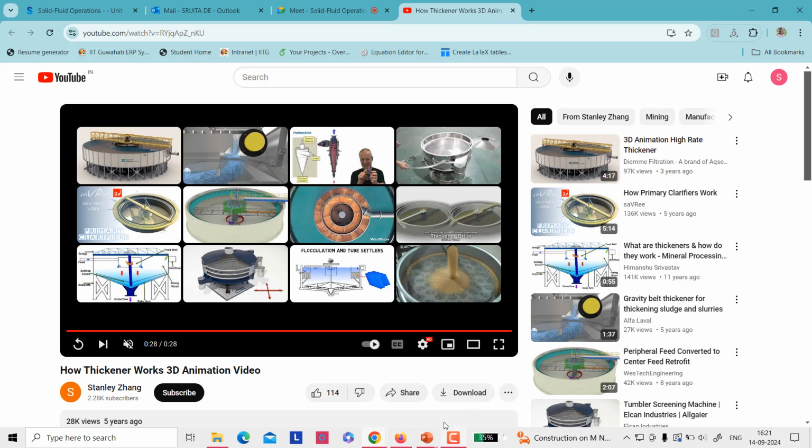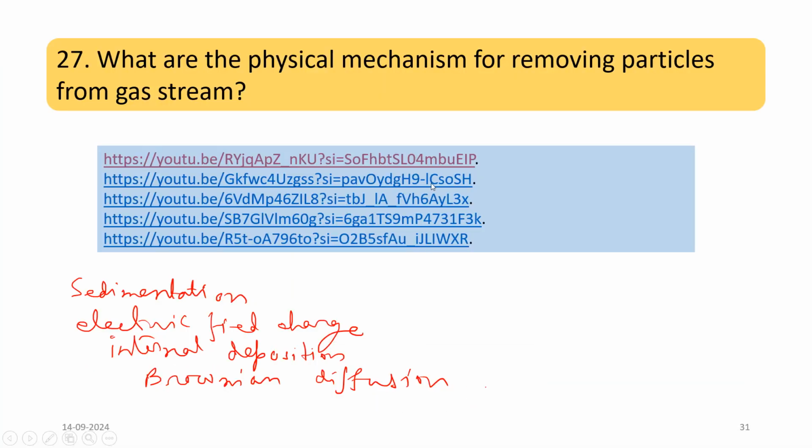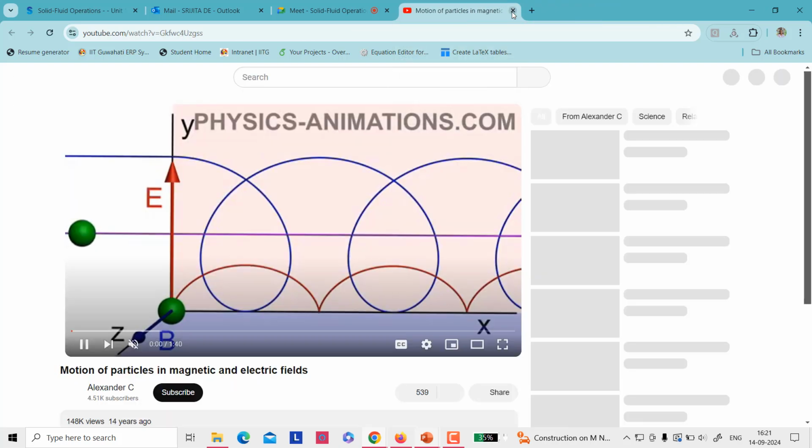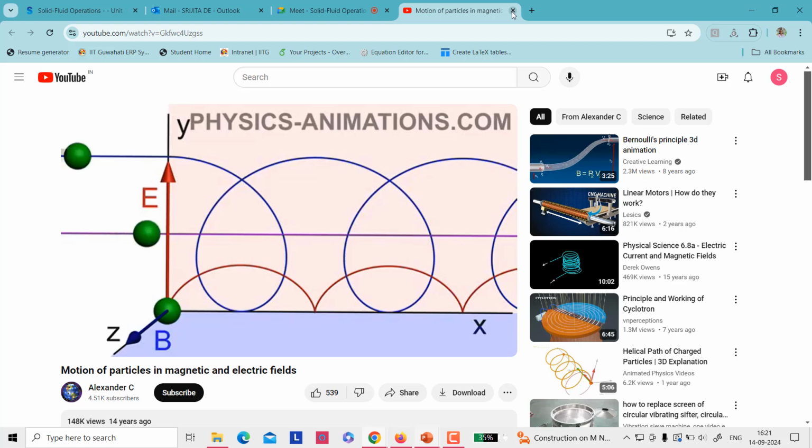Next one is the motion of particles in magnetic and electric fields. E is defined as the electric field and B is the magnetic field.